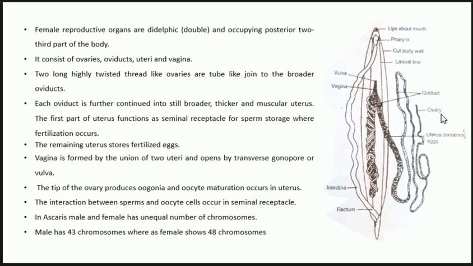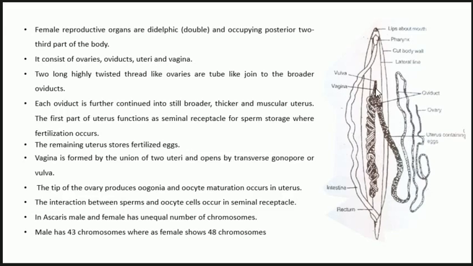Where are the ovaries? Look at this diagram. You have these ovaries, then you have the oviducts. From here onwards, the whole thing up to this part is the oviduct. Then you have the uteri and vagina.